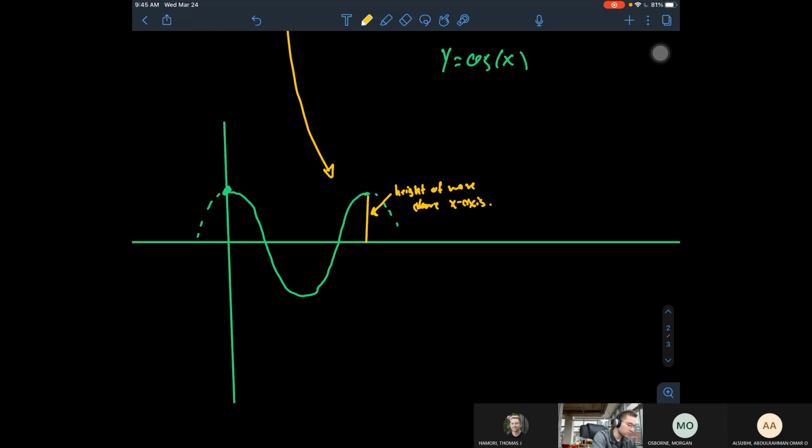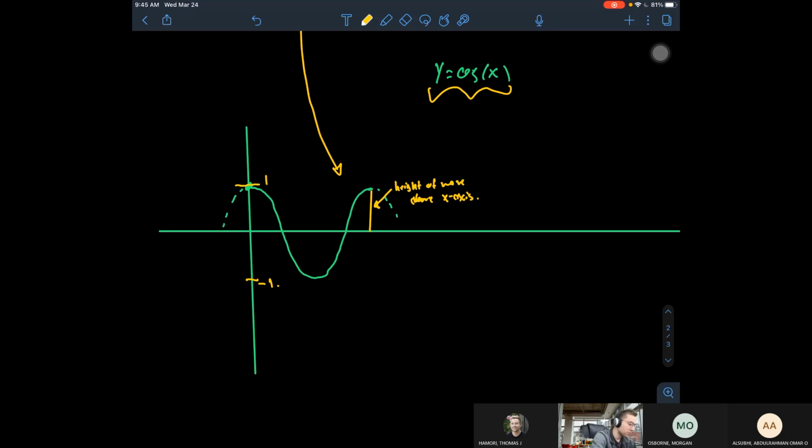Okay, so what then is the amplitude of y equals cosine of x? What is this height, typically, if we just have a cosine function? Like 1. That's right, it's 1. Or if we're down at the bottom, it's -1, right?